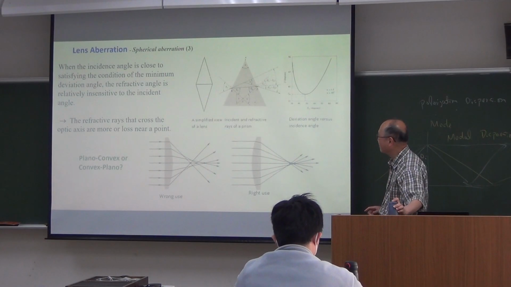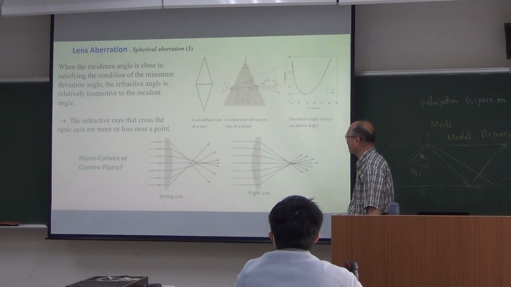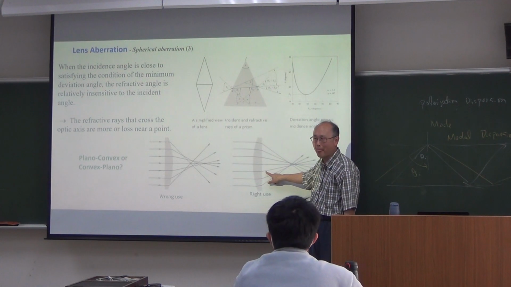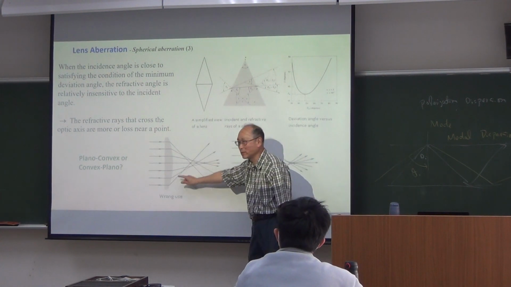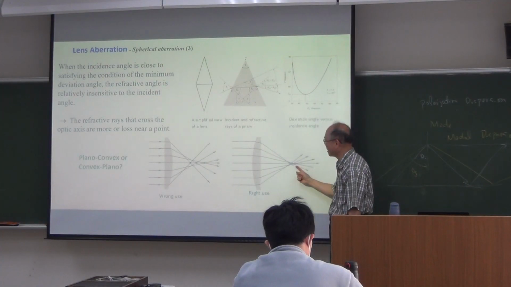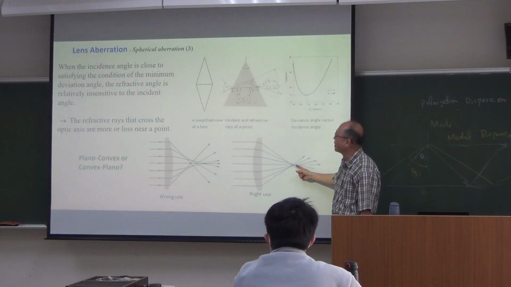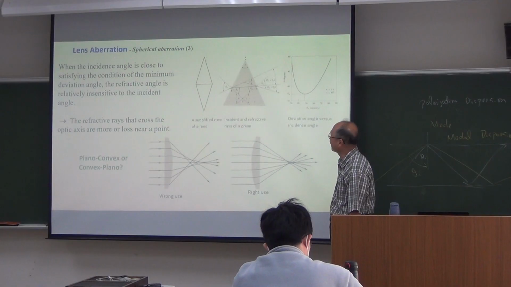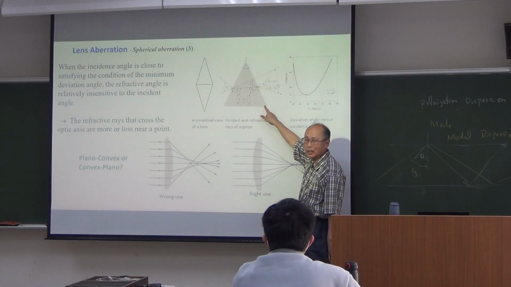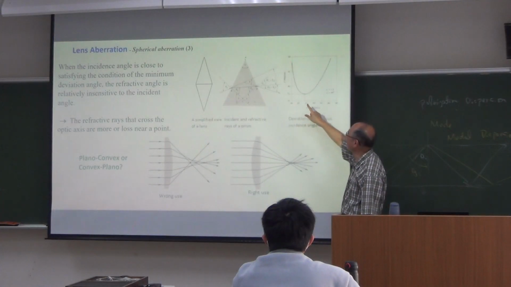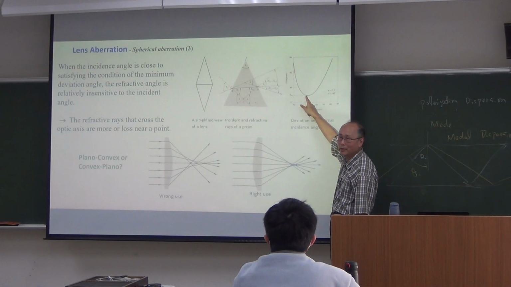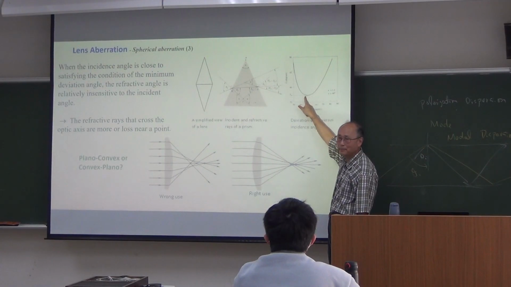Okay, and what he talked about is exactly how this is going to reduce the aberration compared with this. For this one, you have more aberration than this one. The reason is the refraction deviation angle. If you work with a lens close to this point, you see this is quite flat.